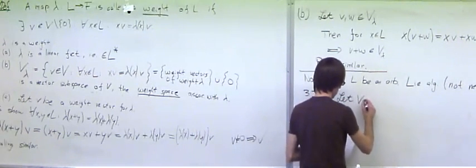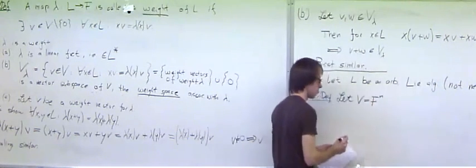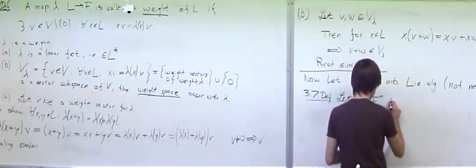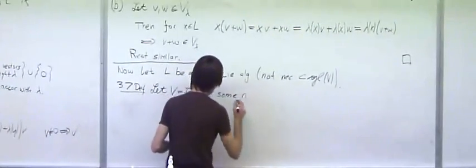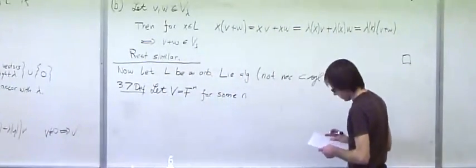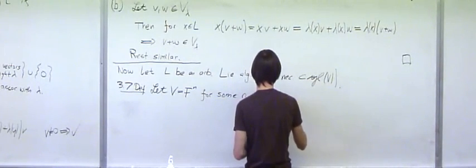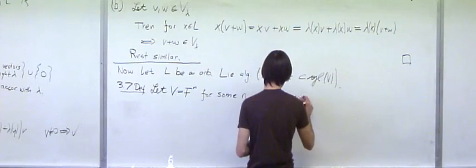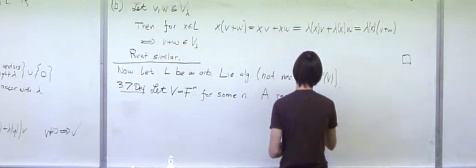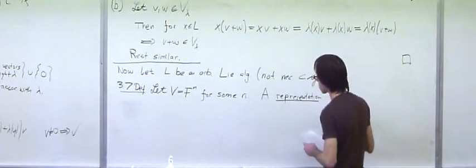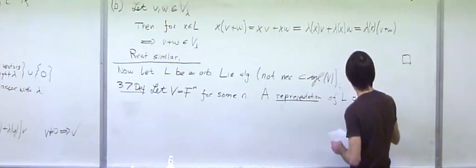So again, now I take a vector space V, just some finite dimensional vector space. And then I can define what a representation of L on V is.